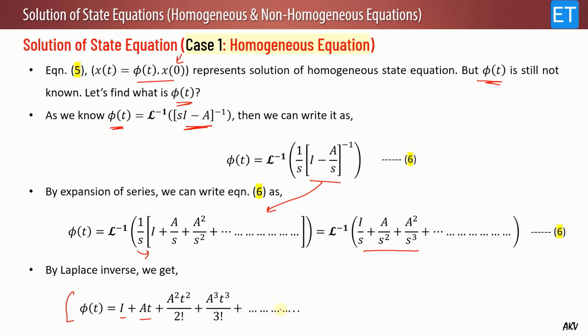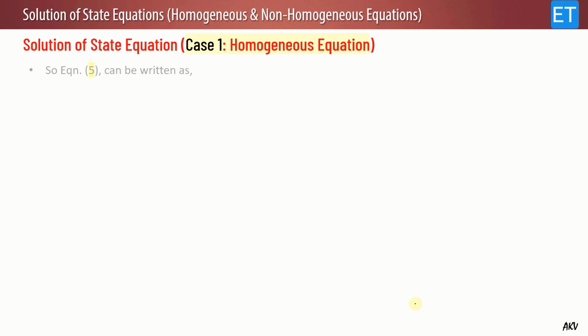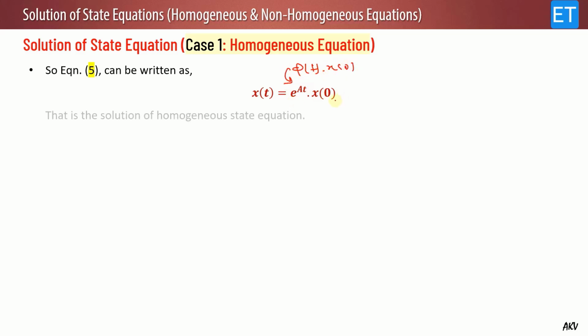So what is phi(t) now? Phi(t) is simply e power At. From this series, you can write phi(t) equal to e power At. So equation 5 can be written as x(t) equal to e power At x(0), because we wrote phi(t) into x(0); in place of phi(t), I can write e power At.